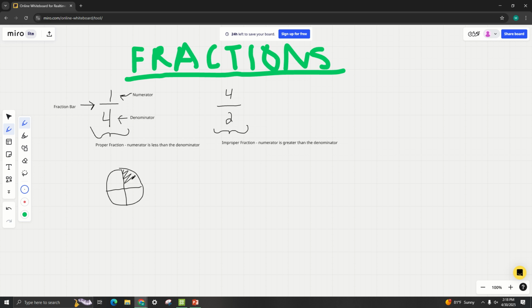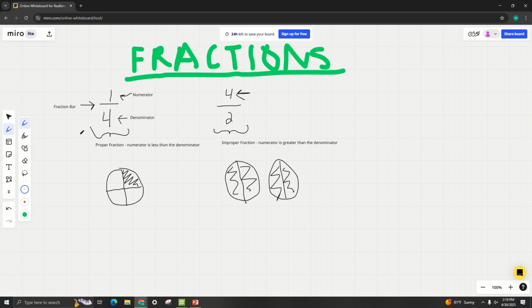So I can have 1/4 of my pizza. And 4/2 is considered an improper fraction because I'm having 4 halves of something. If I have a half of something, I only have 2 pieces, but I'm representing 4 pieces up here. So I'm actually representing 2 wholes, like this, split in half. And we consider that an improper fraction.